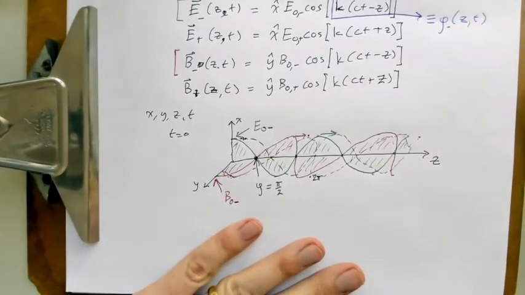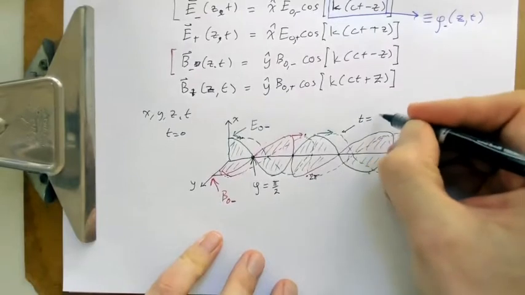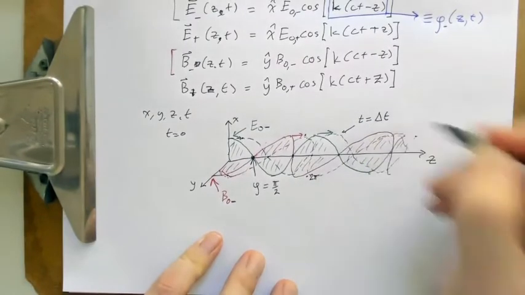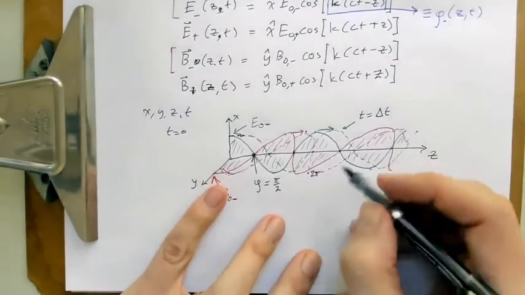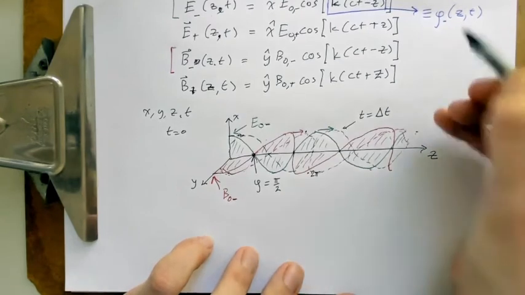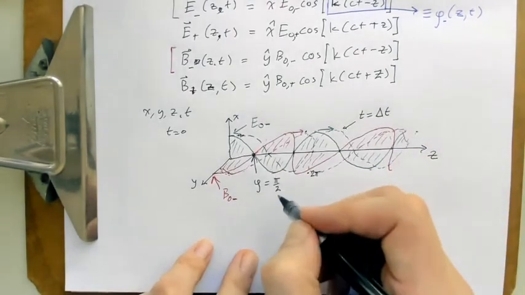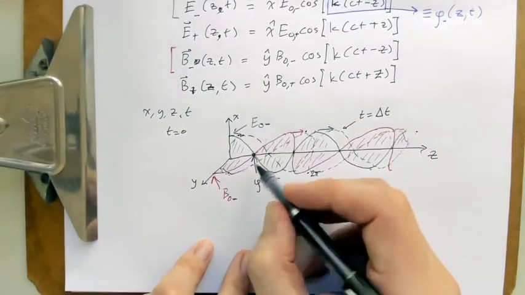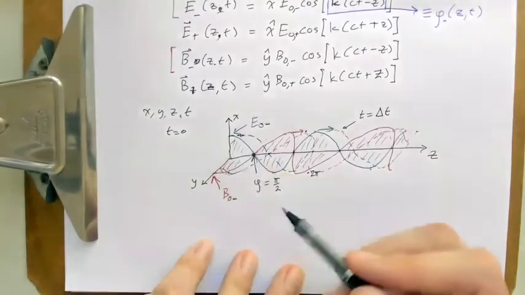So something's obviously happening here, where t is, let's call it, delta t. Let's look at what's happening in that case. We have that phase that's a function of z and t, and for instance we can track the point where this point starts here. That's where the phase is 0.